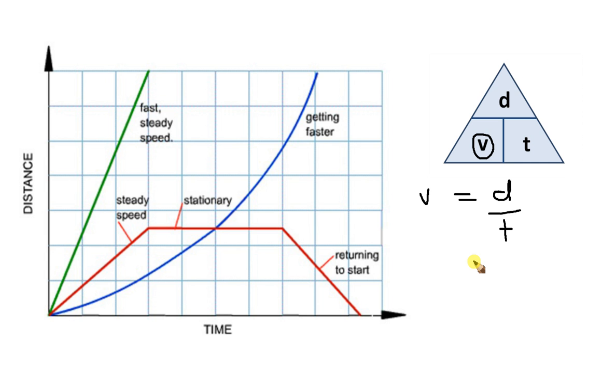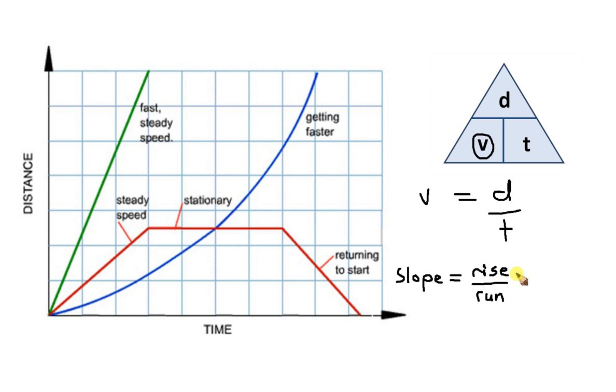Now, if you're a budding mathematician, you'll know that the slope of a line on a graph like this is equal to the rise, or the change in the y-axis, over the run.